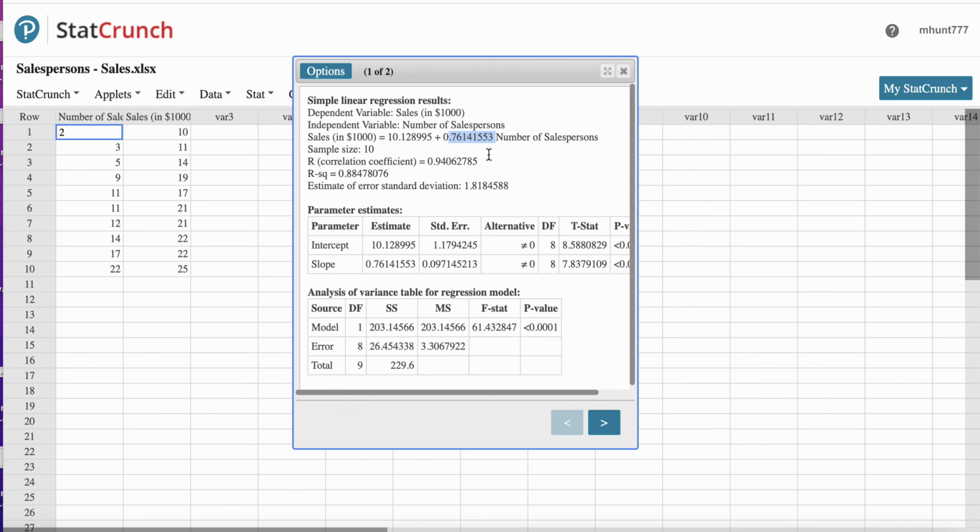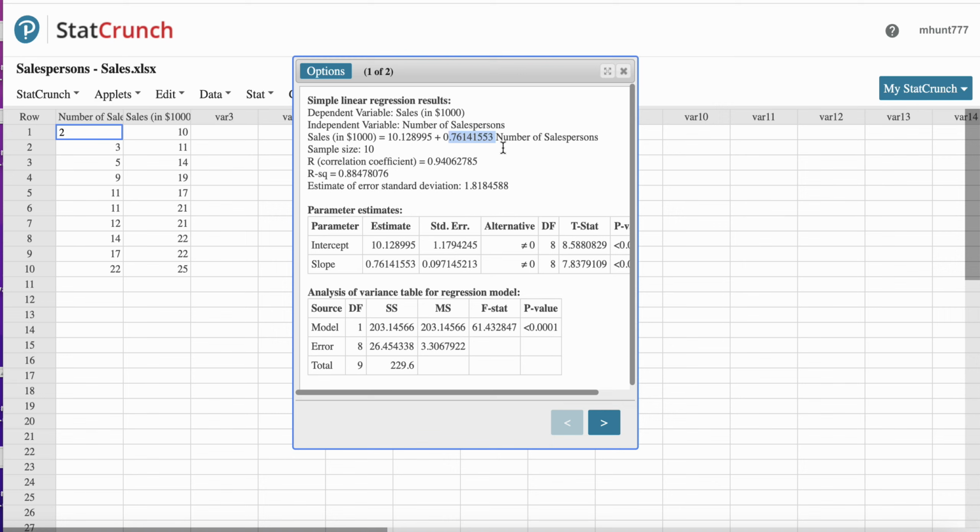So the sales are going to go up by, now if this is thousands of dollars, this would be $761. The simple linear regression predicts that for each additional salesperson working, the sales will increase by $761,000.